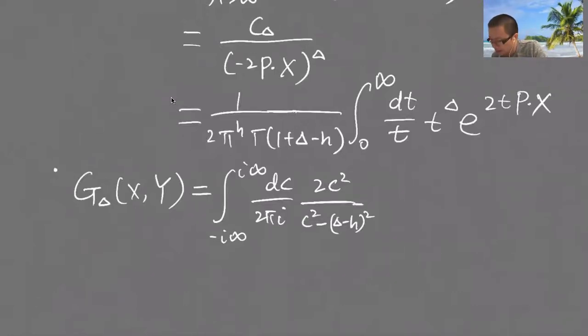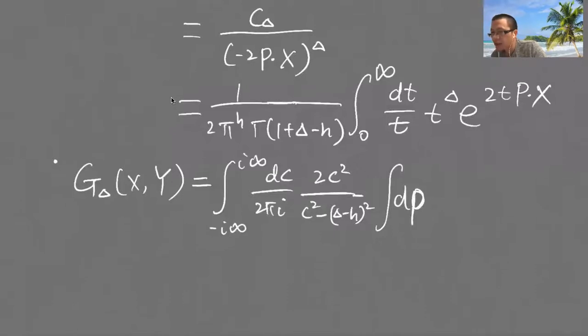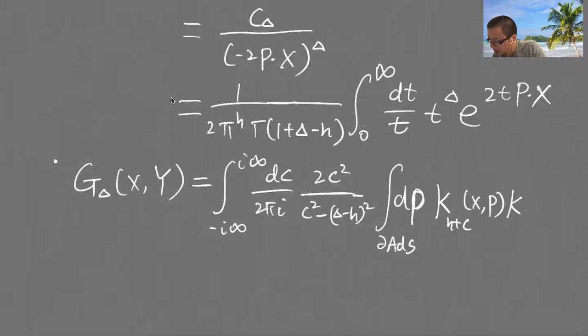Then there is an integral over some boundary point, let me call it P. So this is on the boundary of AdS. Then I have a bulk to boundary propagator with the dimension h plus c, from x to p. Then another bulk to boundary propagator from y to p.